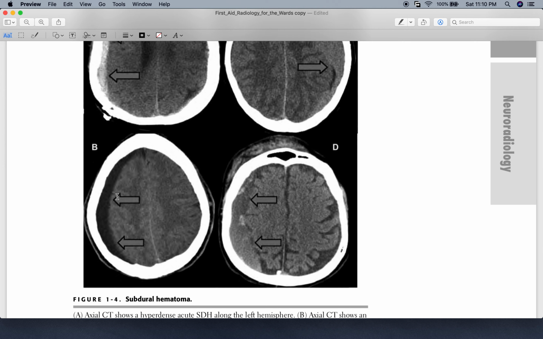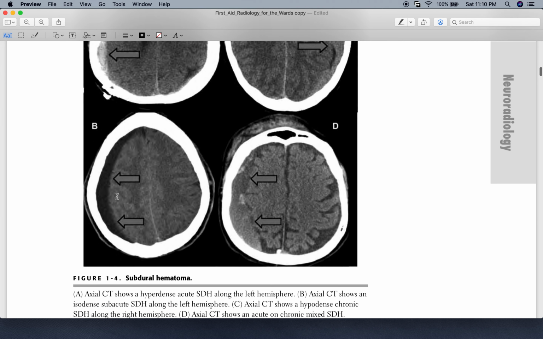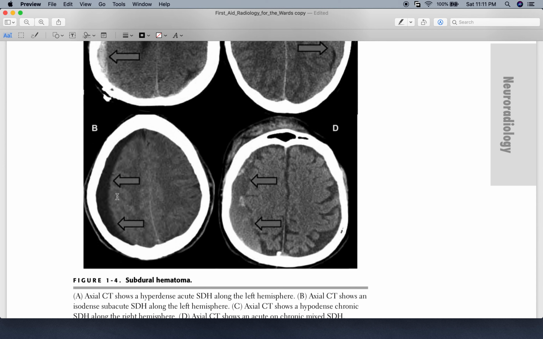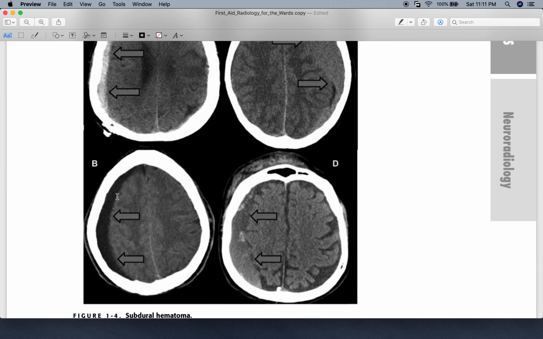It becomes black, and that will tell us that the period that has passed is taking longer. So it's been a while when the CT shows this sign, which is turning the hematoma into black color, then it means that it took some time.